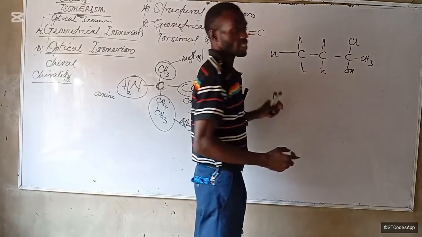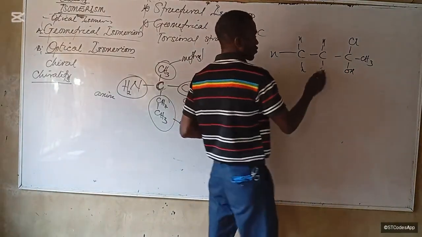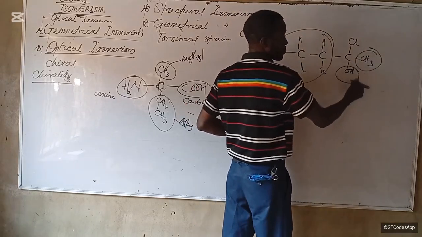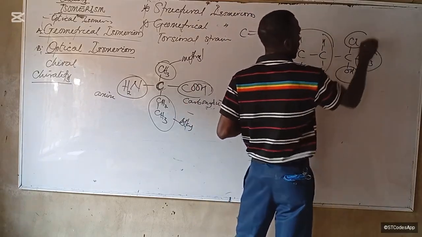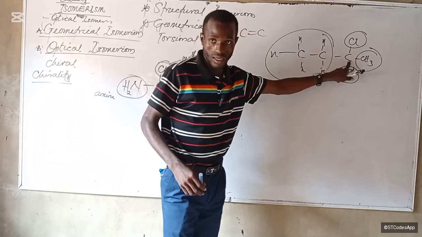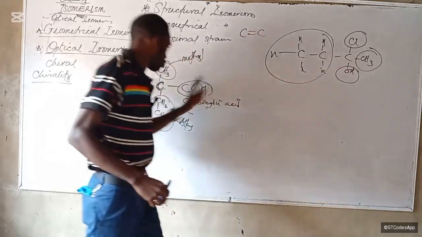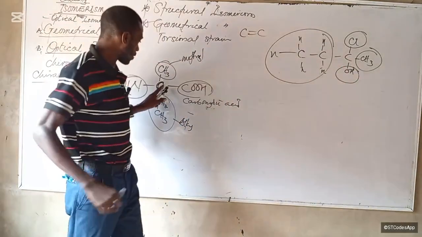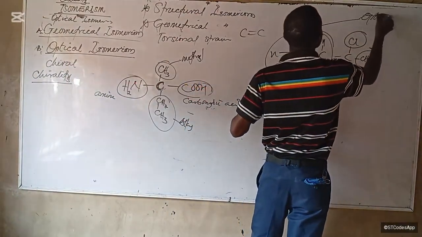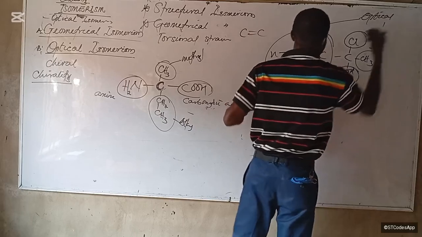Good. How is it chiral? It's attached to ethyl, methyl, and chloro. So this is chiral. Because this carbon is chiral, this molecule will exhibit optical isomerism. Is that okay?